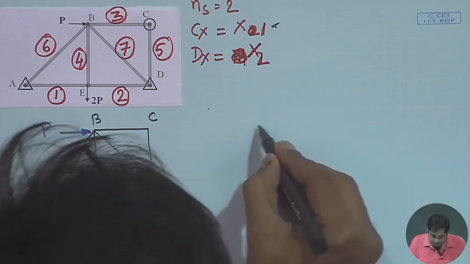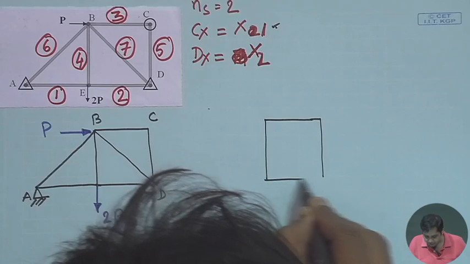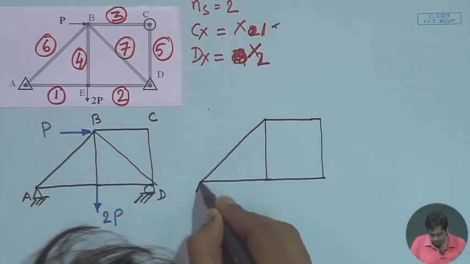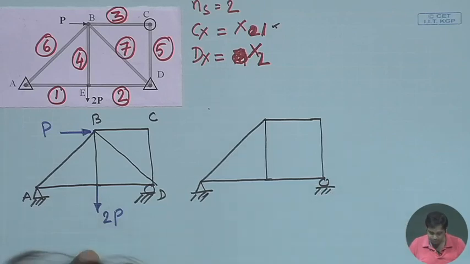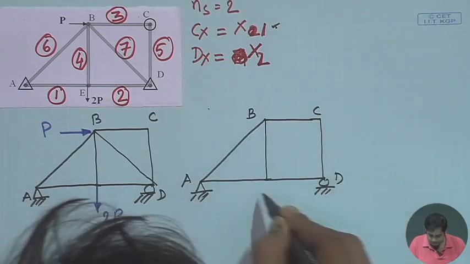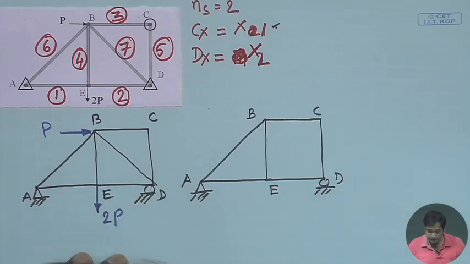Then the second part is the same structure, but now it is subjected to the first redundant force. What is the first redundant force? Write the names A, B, C, D, E. The first redundant force is X1, X1 is Cx.